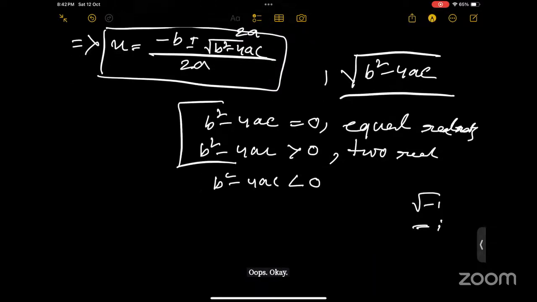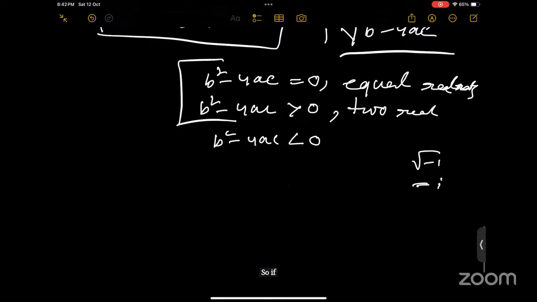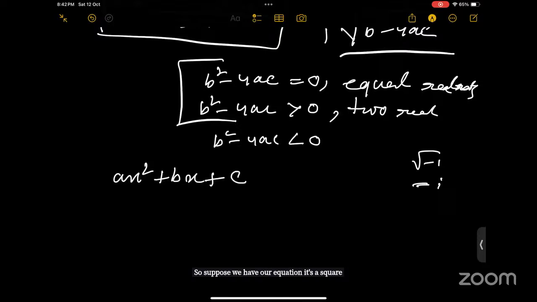So if we consider these cases, suppose we have an equation x squared plus bx plus c equals 0 with b squared minus 4ac less than 0.